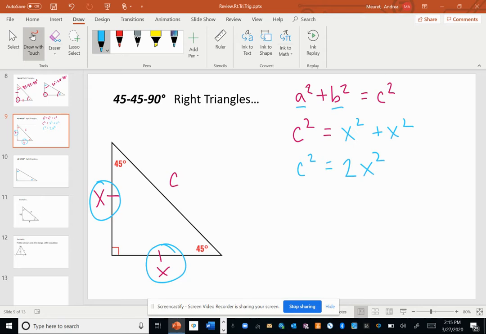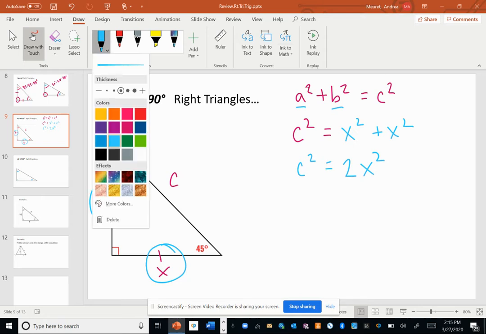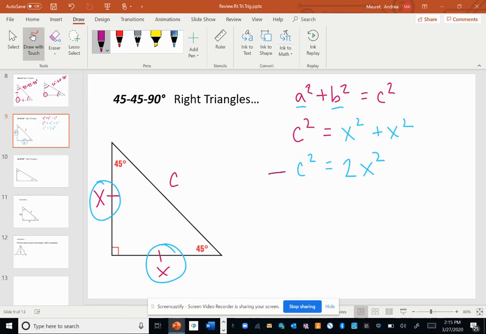Remembering that we've done a lot of work this year in solving equations somewhat similar to this, we can use square root to solve this. So I'm going to square root both sides of this equation, and that gives me c is equal to the square root of 2x squared.